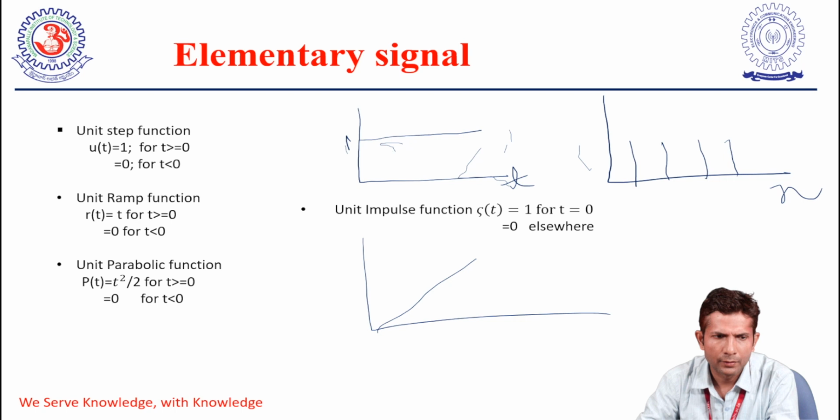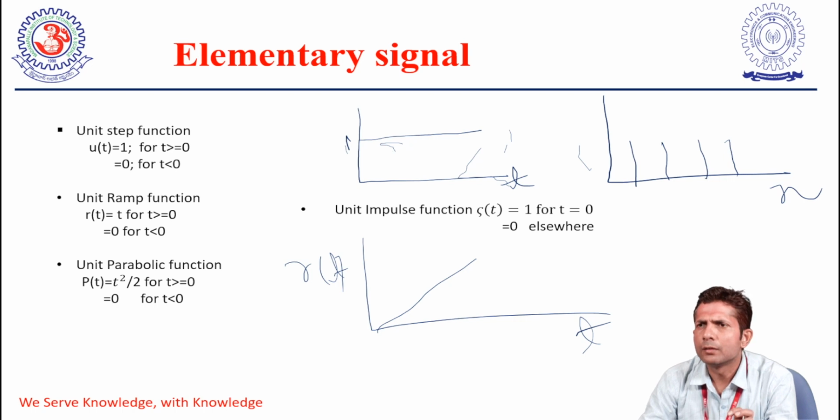So here r of t, this t. This is the pictorial representation of a unit ramp function.